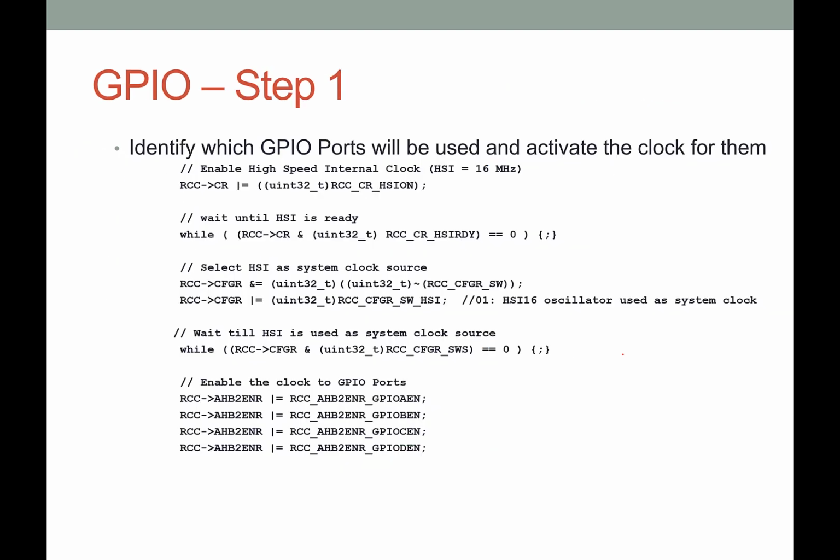Okay, so the first step when you're using the GPIO ports is you have to identify which ports you're going to use, and you have to activate the clock. So this tells you in more detail what those first steps have talked about. We're going to enable the high-speed internal clock. So that's what this is doing right here. We're going to turn it on.